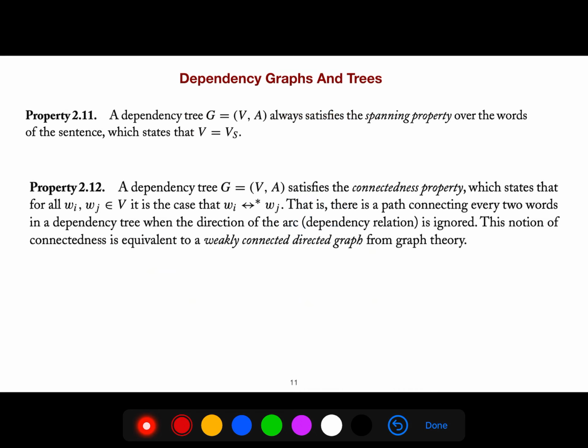A dependency tree always satisfies the spanning property over the words, and that's why we have spanning trees and minimum spanning trees, those things that are in classical computer science, which I've explained in my playlist for approximation algorithms, graph theory, large graphs. You can watch my playlist and appreciate the beauty of these spanning trees, which are very useful in computer science.